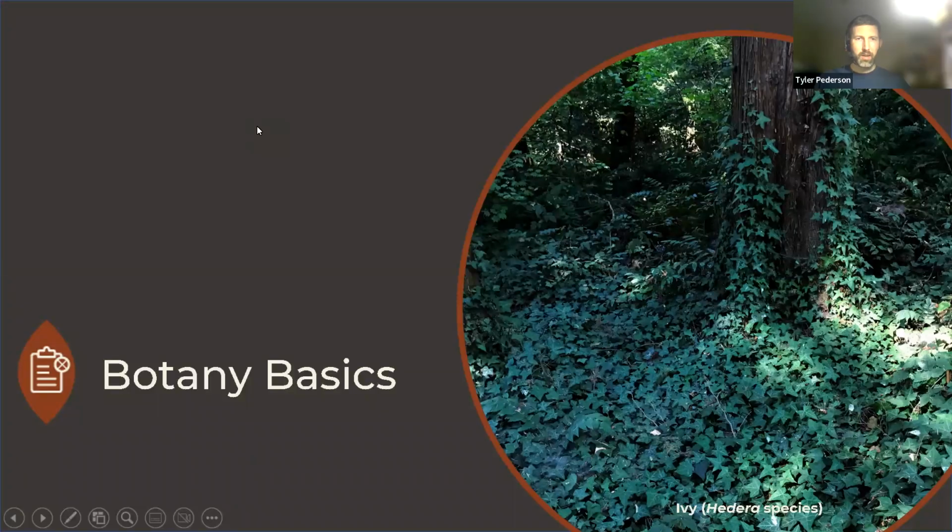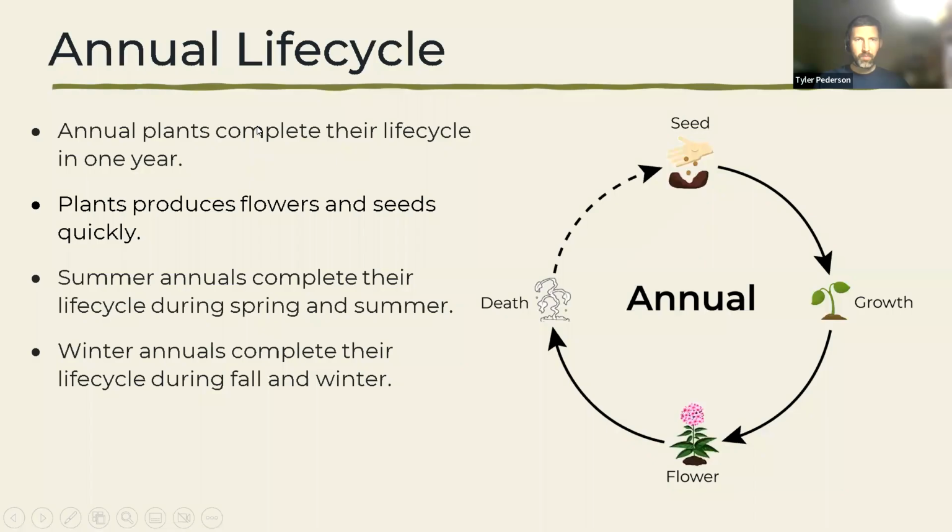All right, so let's dive into the botany basics. So we've got different types of plants, and they all are different depending on their life cycles. This first one are the annuals. These are plants that complete their life cycle in 1 year, and they typically produce flowers and seeds very quickly.